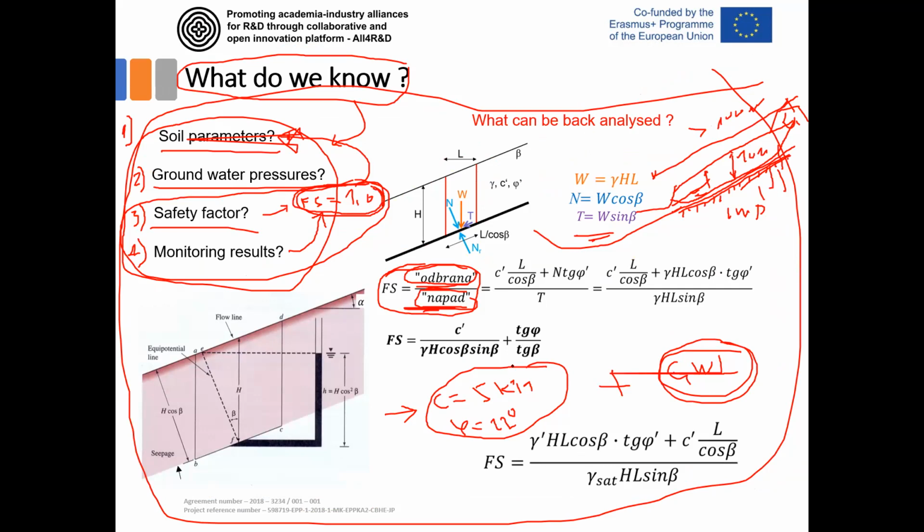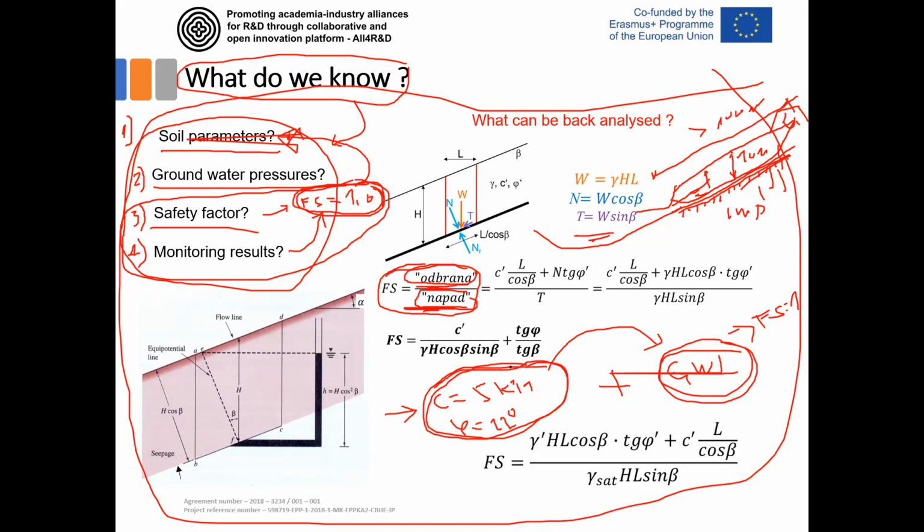What we can do then is combine parameters from the laboratory with the groundwater level to get a safety factor equal to 1. Well, that's called back analysis, back numerical analysis. So we are trying to confirm the conditions in the field, and that is failure, and that is safety factor 1.